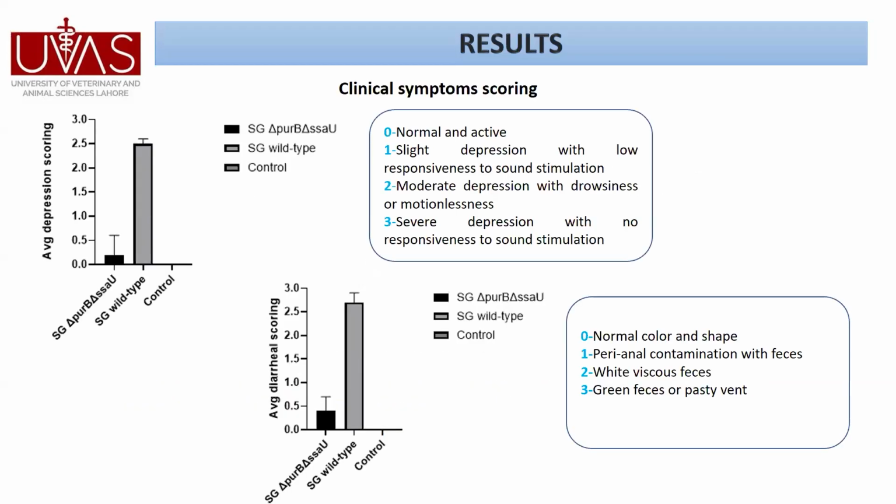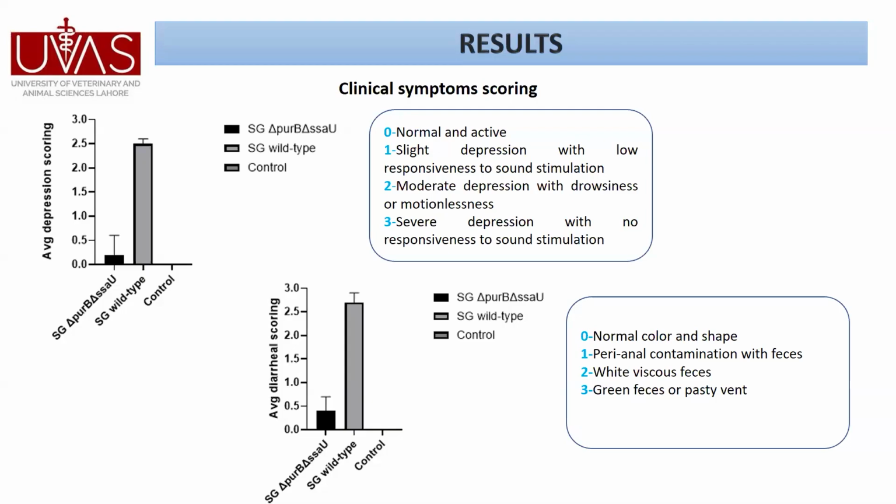We also calculated the lesion scoring, how much pathogenicity this bacteria has caused. Interestingly, we did this by mathematical scoring. If there were no clinical signs, normal and active, we scored it 0; slight depression 1; moderate depression with drowsiness 2; severe depression with no responsiveness, we gave 3.